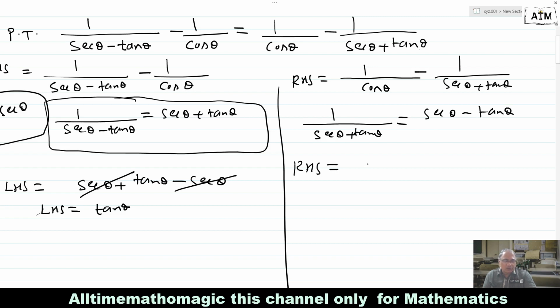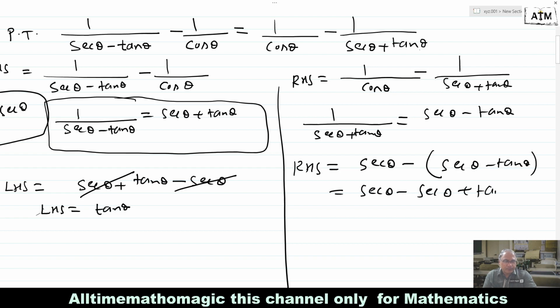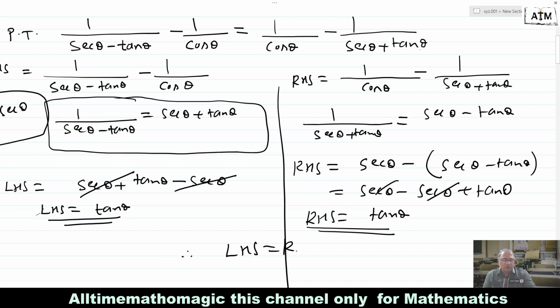Therefore, RHS equals sec theta minus (sec theta minus tan theta), opening the bracket. Sec theta cuts down. RHS equals tan theta. The result of LHS is tan theta. The result of RHS is also tan theta. Therefore, LHS equals RHS. Proved.